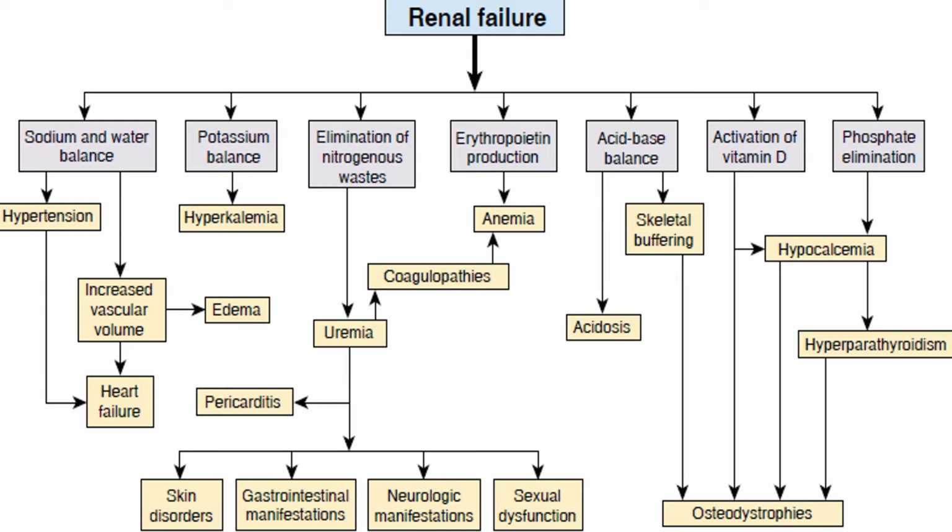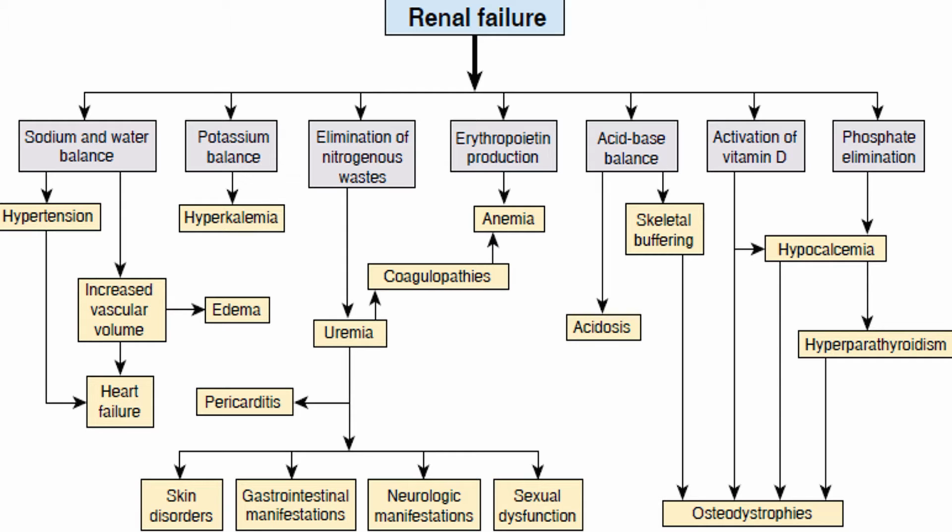Disorders of elimination of nitrogen elements cause accumulation of toxic elements in the body, forming uremia. Toxic elements influence the skin, gastrointestinal system, nervous system, and sexual system, and form pericarditis, etc. And toxic elements influence the coagulability of blood, and disorders of the coagulation system form coagulopathies.